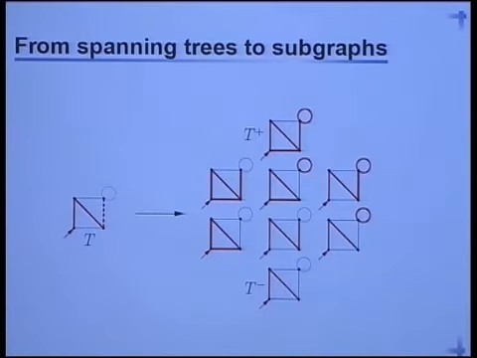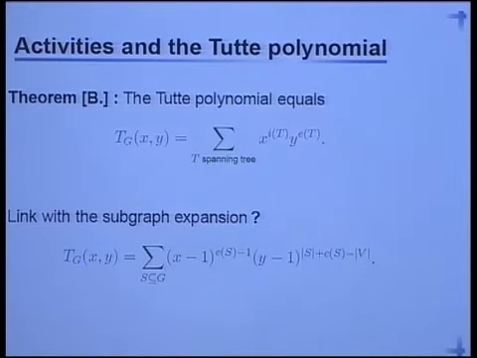So this forms an interval in the lattice of subgraphs. Here you have removed every edge that you could, and here you have put them. You have put all the active edges, and the subgraphs that you associate to T are all the subgraphs in between. What I want to say is that this sum over subgraphs can be written as a sum over trees of a sum over subgraphs.